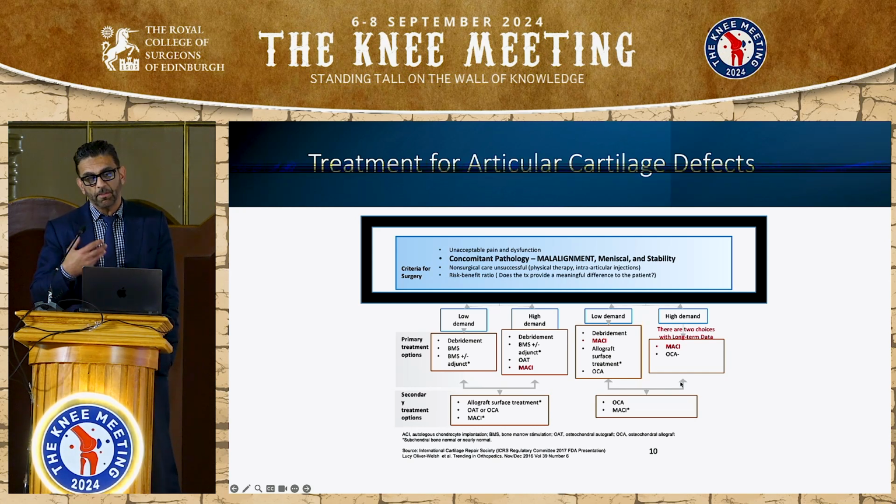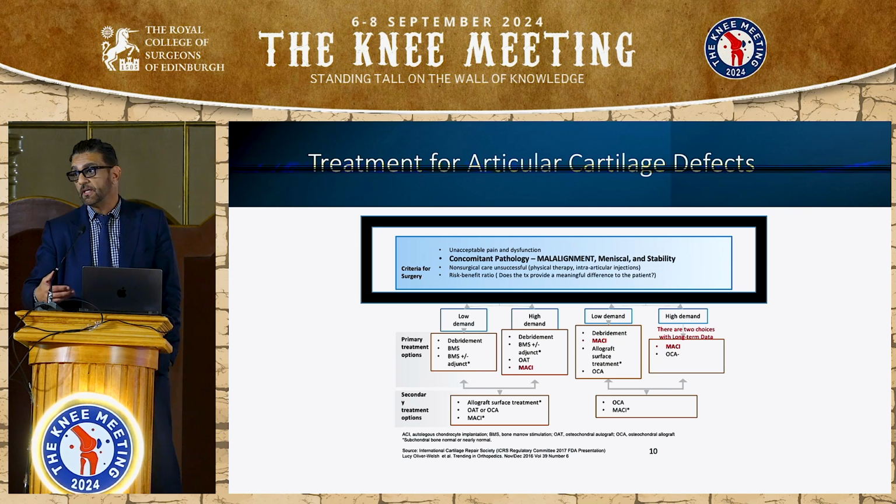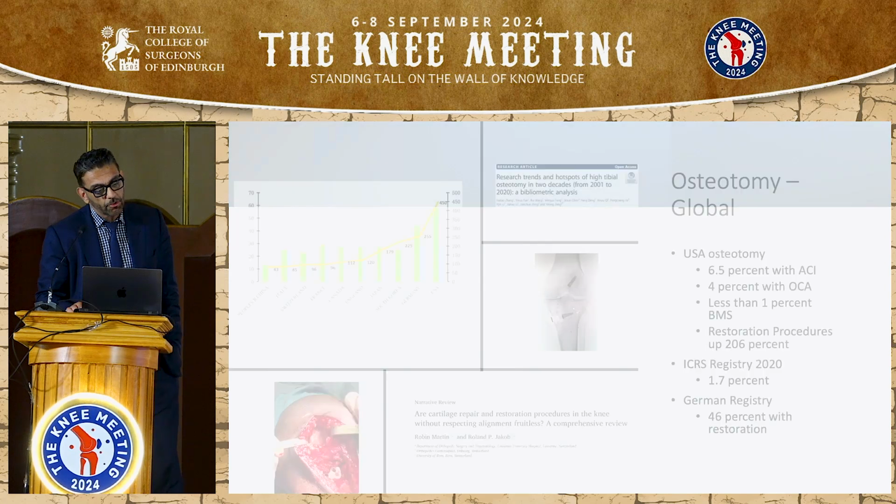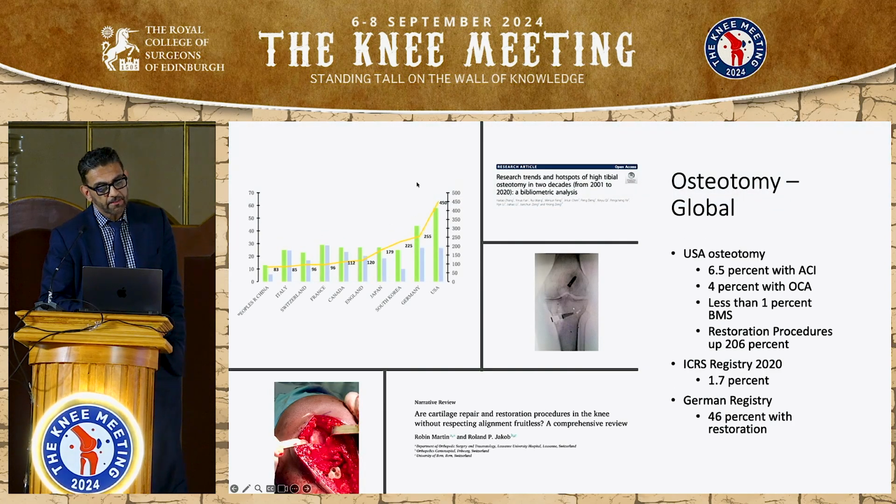There was a big discussion in the ICRS about what a cartilage surgeon is. Anybody can do a MACI procedure and put a patch on a defect, but who can actually do the other procedures, like the meniscal transplant and the osteotomies? As I was showing you before, the US has the most publications, but the number of osteotomies we do is very rare.